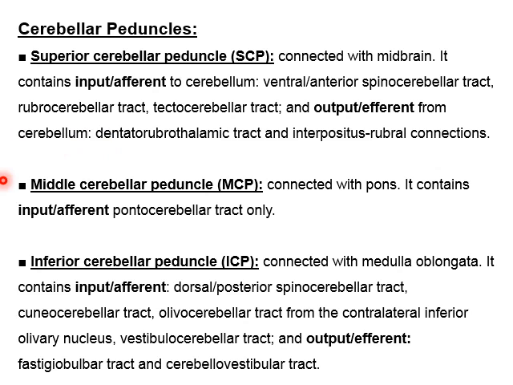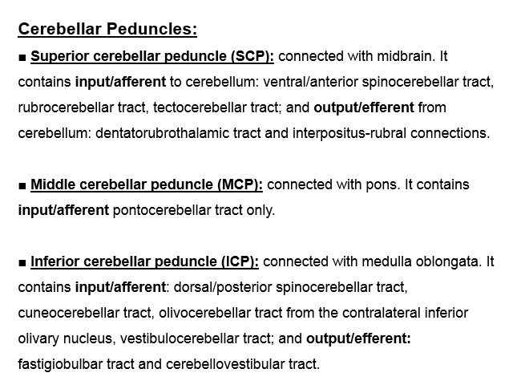In regards to the middle cerebellar peduncle, this peduncle is connecting the cerebellum with the pons. It contains input or afferent only, the fibers that go into the cerebellum only. So it has one tract, which is called the pontocerebellar tract. The inferior cerebellar peduncle is connecting the cerebellum with the medulla oblongata.